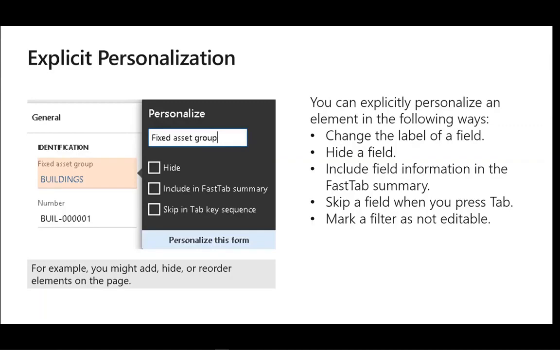In Dynamics 365 for Finance and Operations, we can tailor the way that our information is ordered and interacted with. We can also specify that some information should be hidden or some information should be added. These capabilities are key to a personal and productive experience and are examples of explicit personalizations.